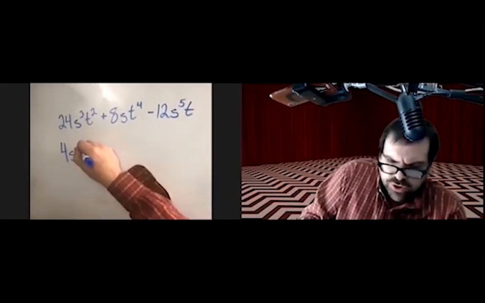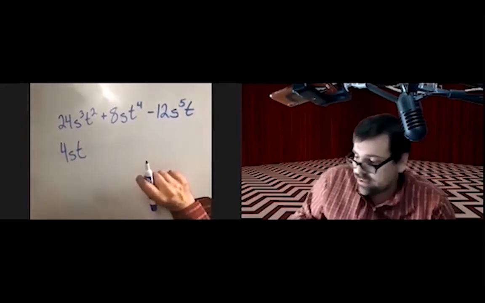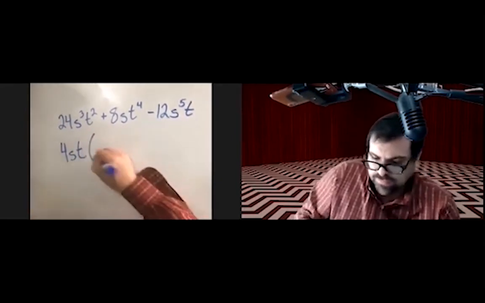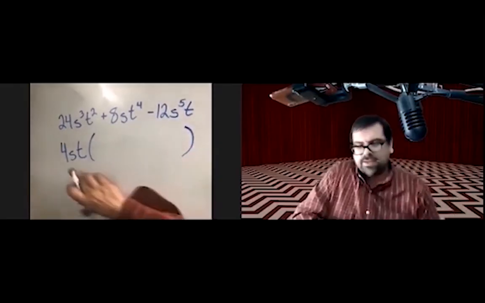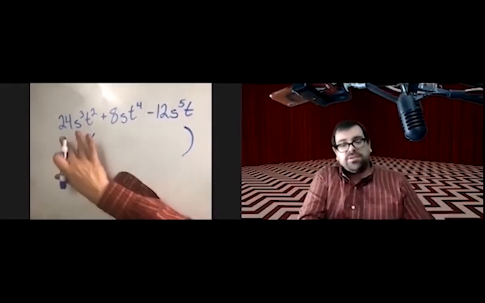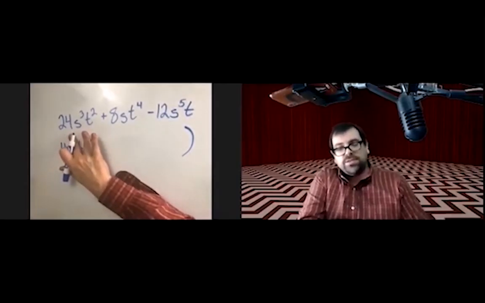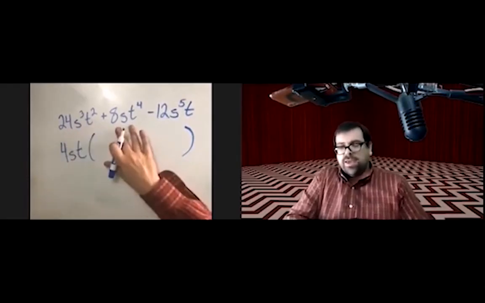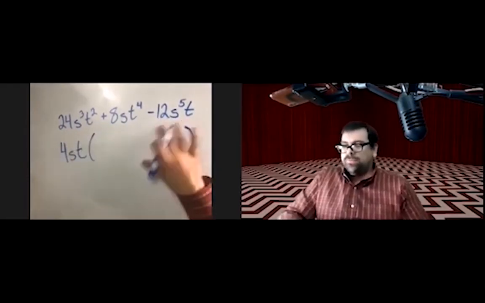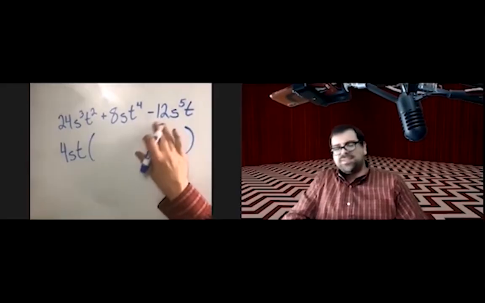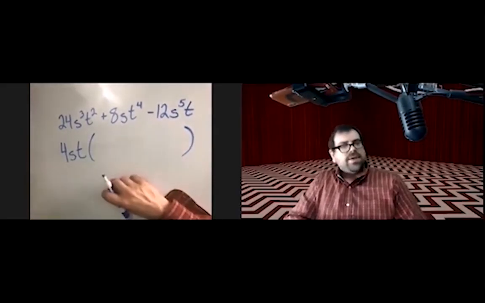The lowest power shown is T to the first. So 4ST would be the greatest common factor of 24S cubed T squared, 8ST to the fourth, and negative 12S to the fifth T.